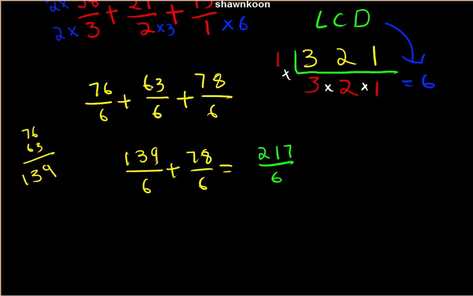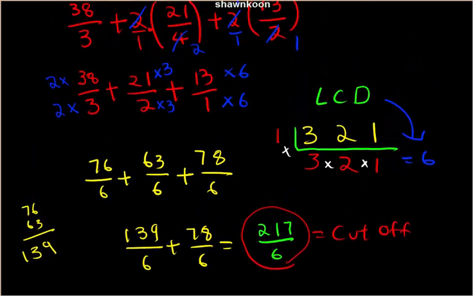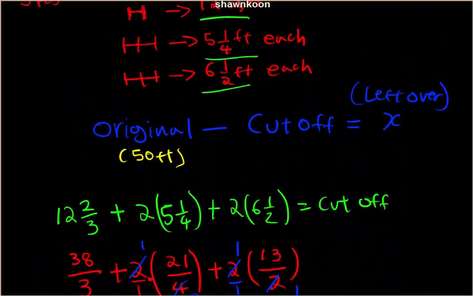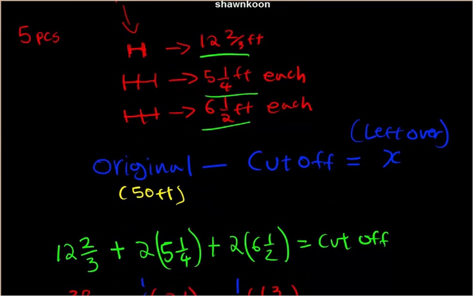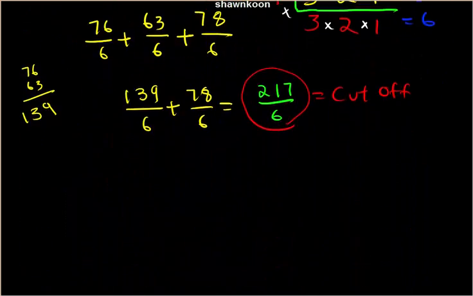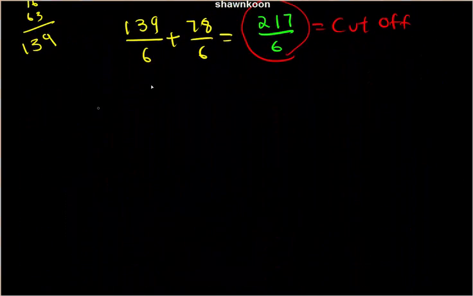So what is this? This is the cutoff length, right? And back to our equation here, what did we come up with? The original minus the cutoff length should give us the leftover, which is what we're looking for. So the original length was 50.